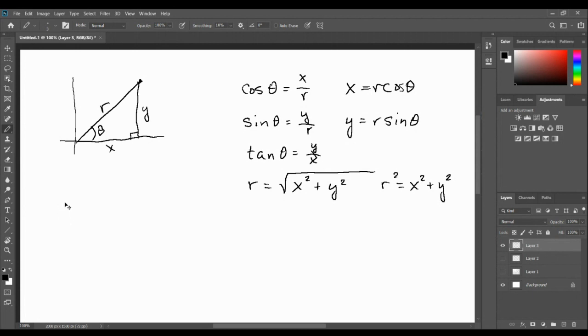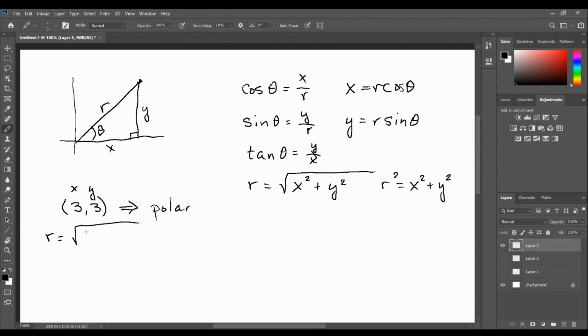So if I've got the point 3, 3, and I'm asked to convert that to polar, well, I've got an x and I've got a y. And so what I need to do is use these relationships that I've got over here, and I can find r.